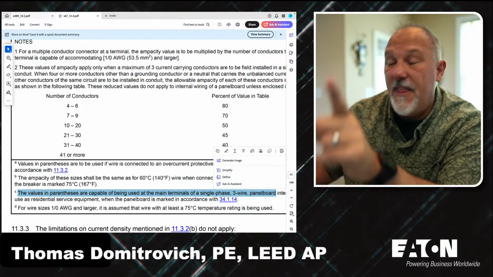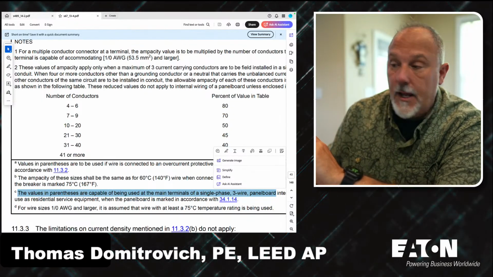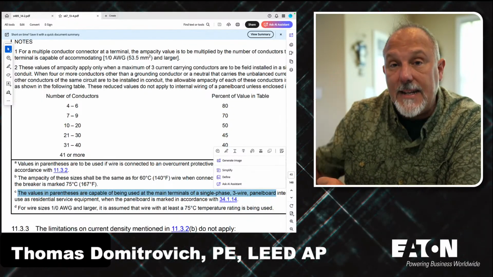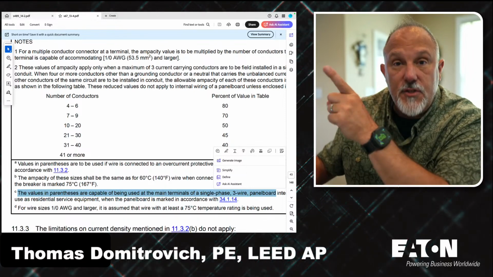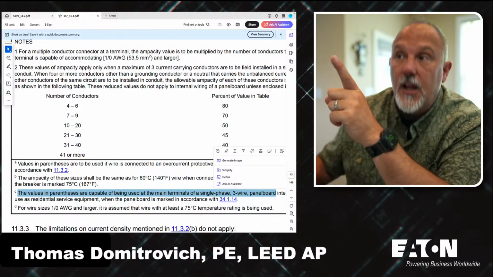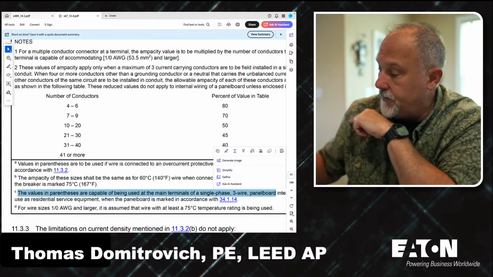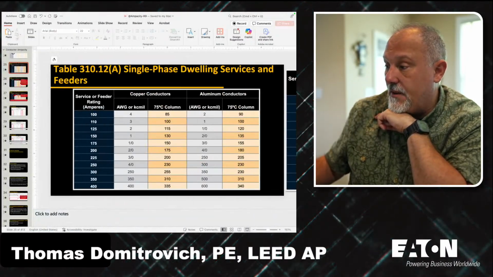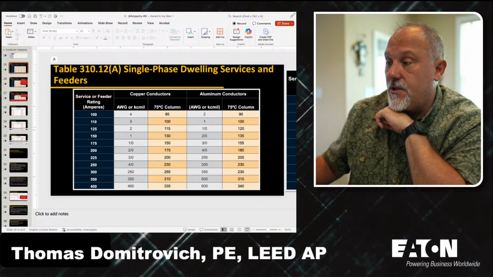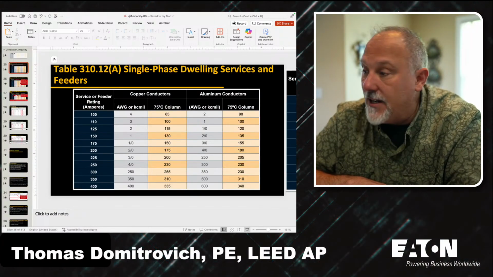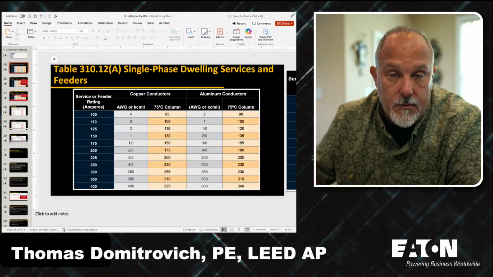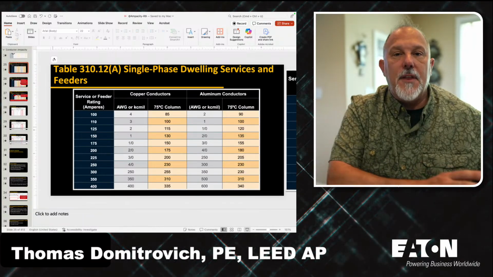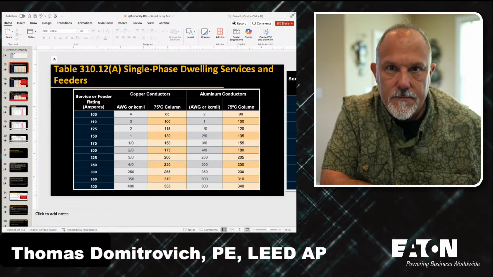So that lines up, and that would mean that we are testing these service panel boards with those size overcurrent devices, with that size conductor, which lines up with these values that are in table 310.12(A). I don't have a problem with the code language because it lines up with how we're testing the product.